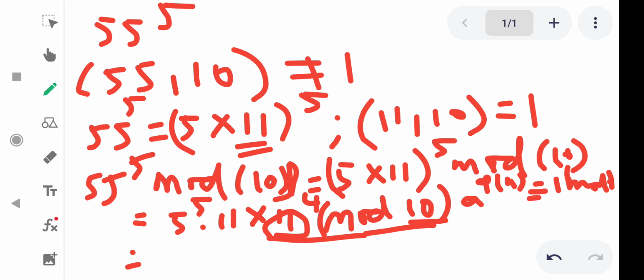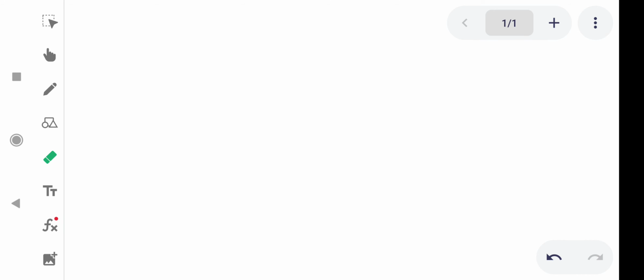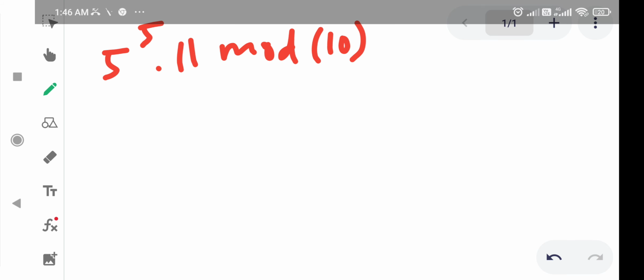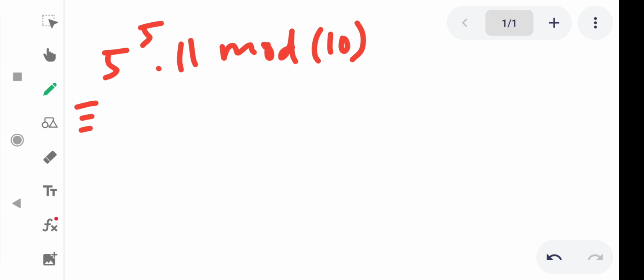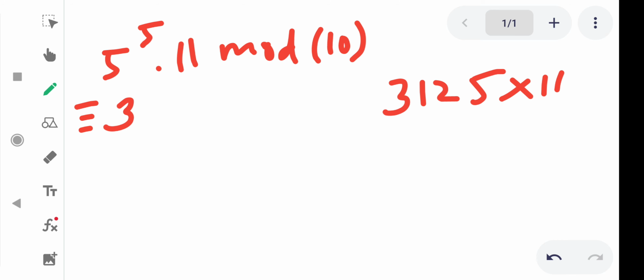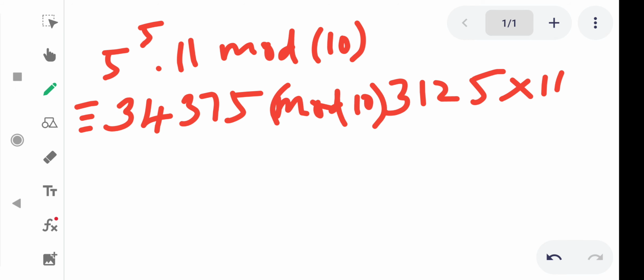So we have 5 power 5 into 11 mod 10, which is congruent to: 5 power 5 is 3125, and multiplied by 11, the answer is 34,375 mod 10. Okay, the last digit is 5.